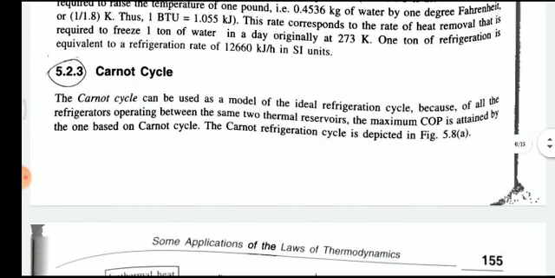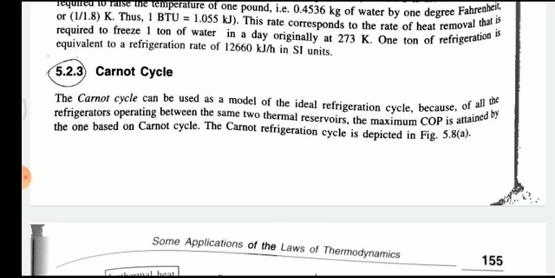The Carnot cycle can be used as a model of the ideal refrigeration cycle, because all the refrigerators operate between the same two thermal reservoirs, from a low reservoir to a high reservoir.